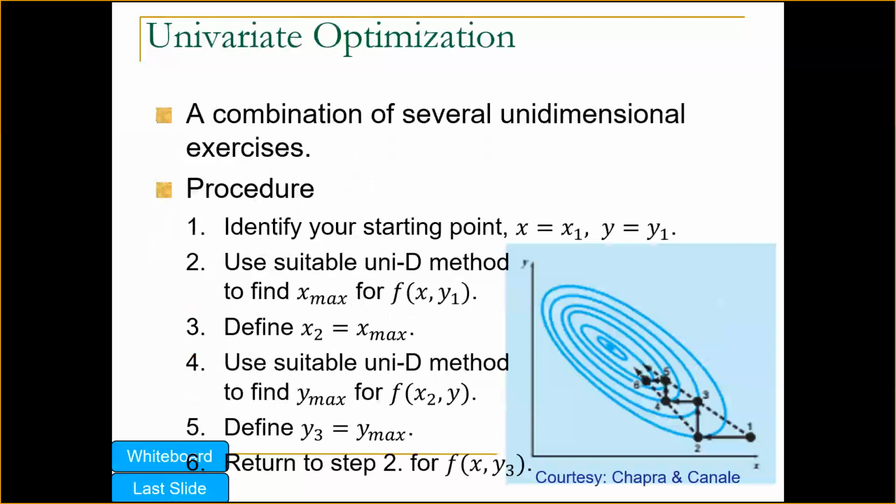A final step in your algorithm should always be to calculate the determinant of the Hessian, and from that determine if it's a maximum, a minimum, or a saddle. Because all these procedures are not going to necessarily tell you if it's a maximum or a minimum. It just tells you that you're at a 0 slope. So you need to do one last check at the end.